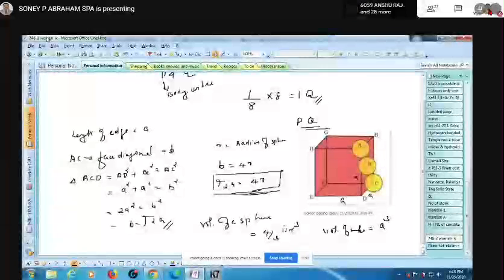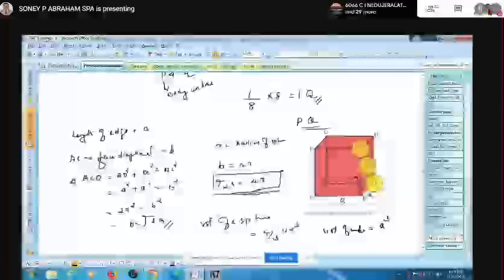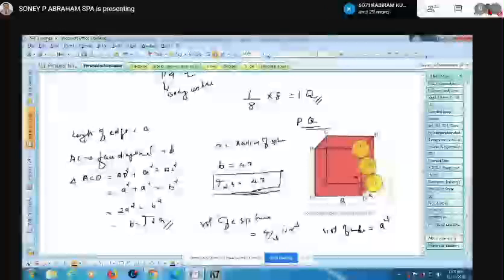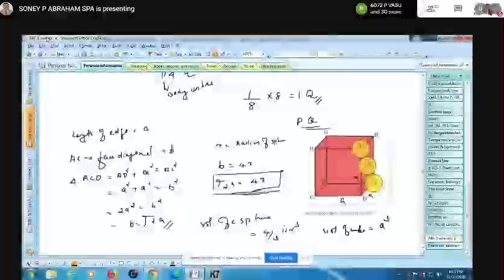Now let me substitute A in terms of R. So 4 into 4 by 3, pi value 22 by 7, R cube, divided by A cube, which is 2 root 2 R all cube.